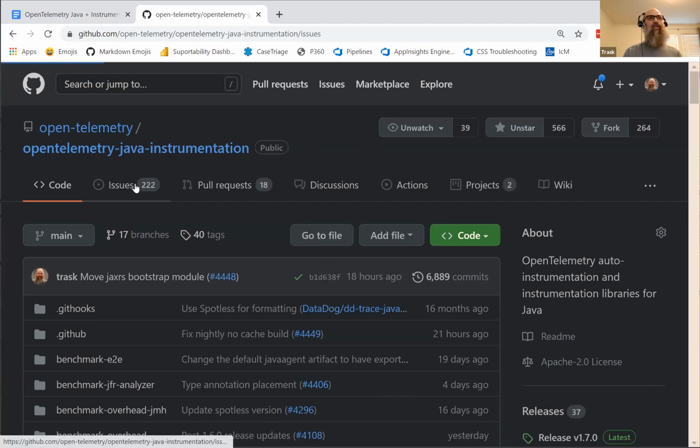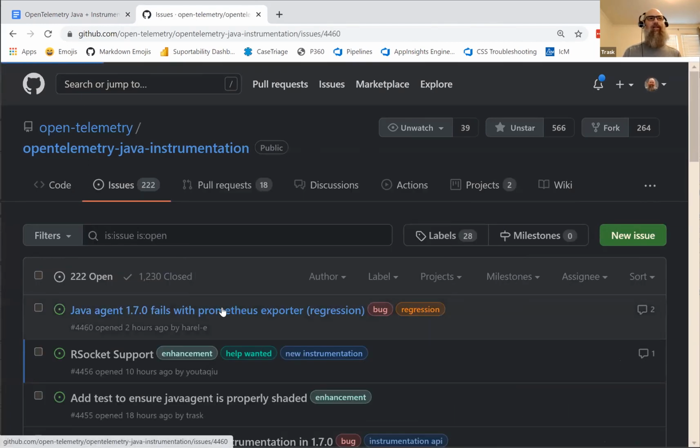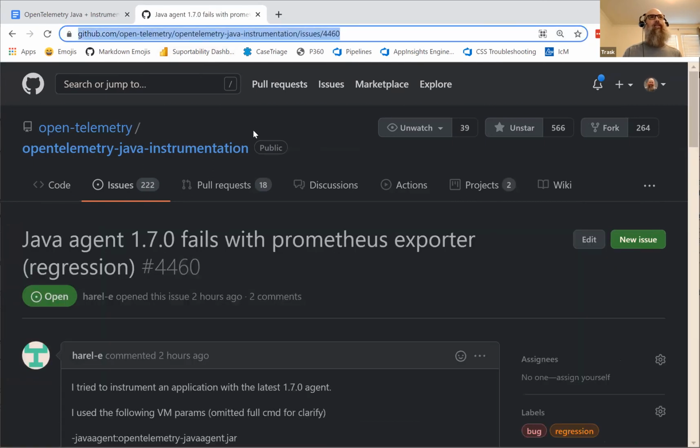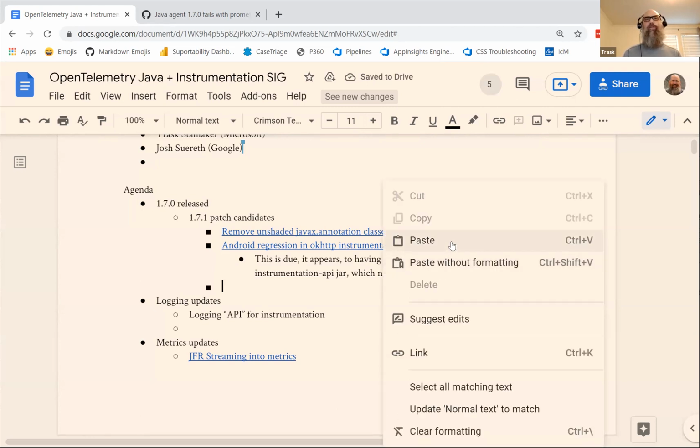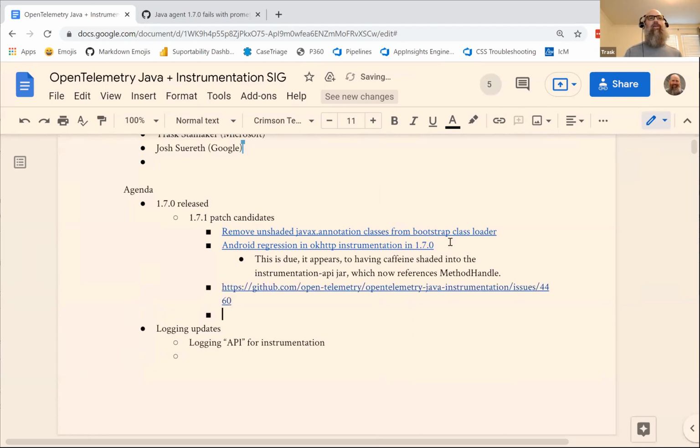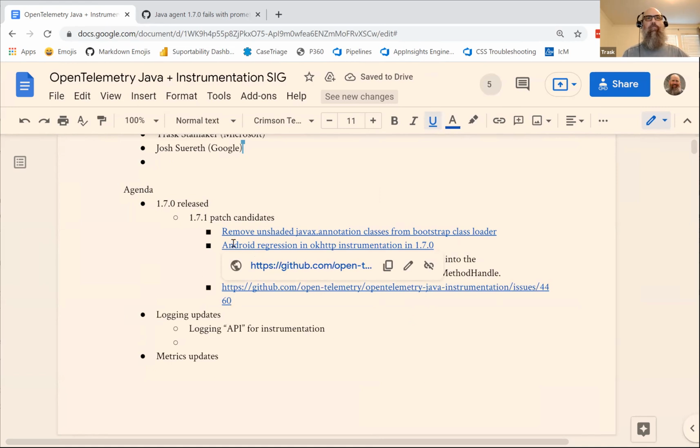I was scanning, haven't looked at things yet, but I did see that it looks like we might have another regression or another patch candidate. John, do you want to talk about this a little bit?